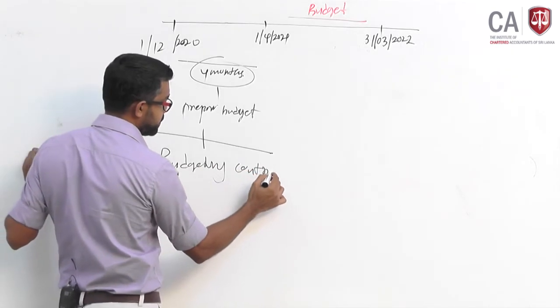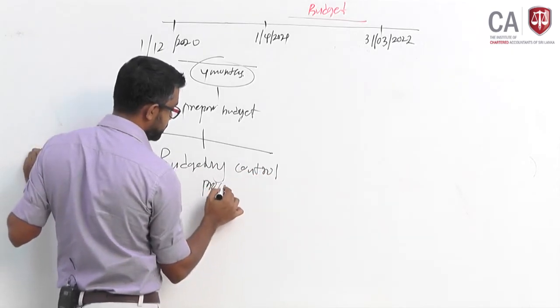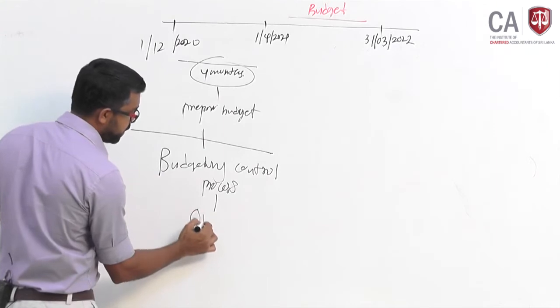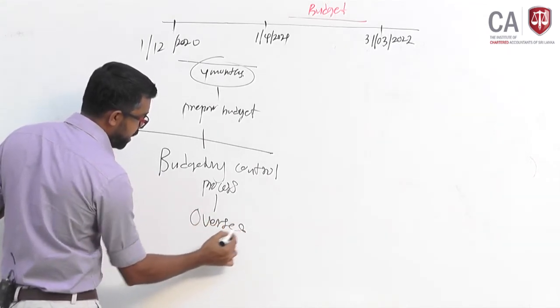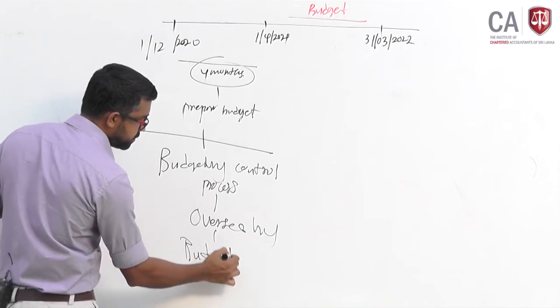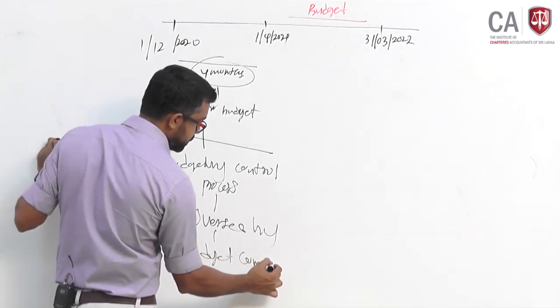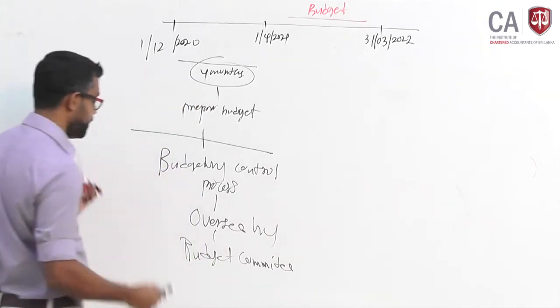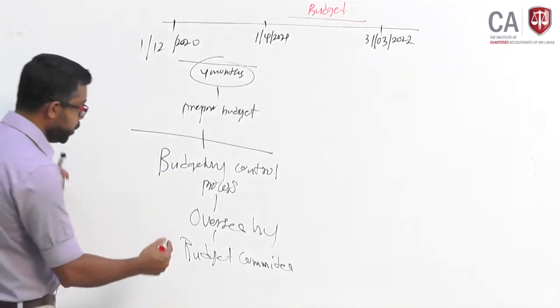The entire budgetary control process is overseen by the budget committee, right? What do they do?